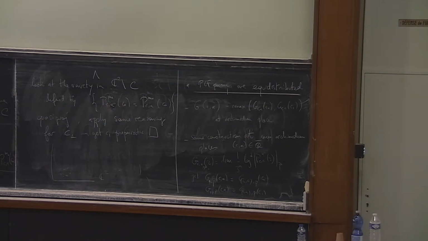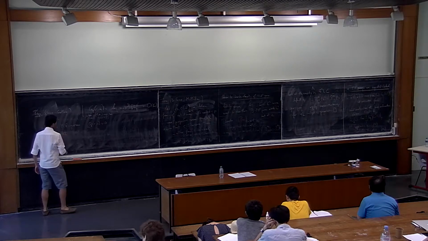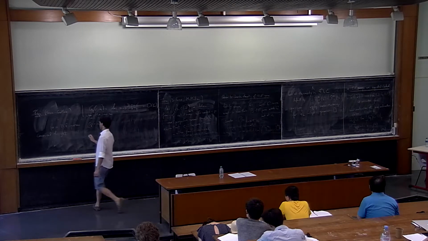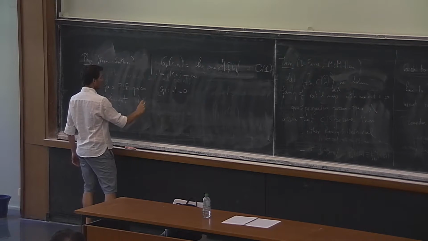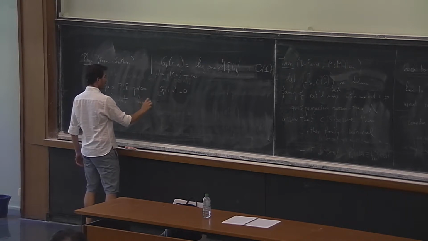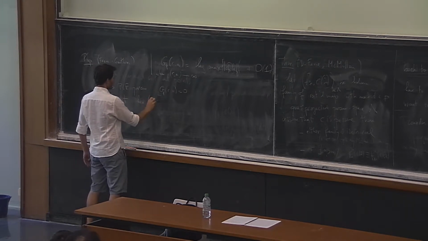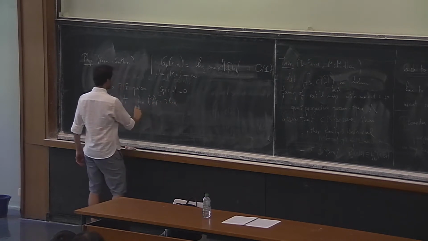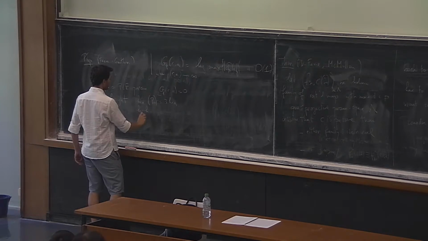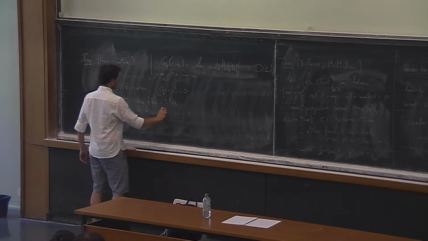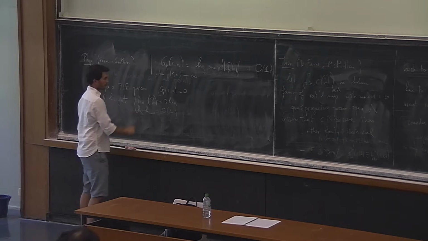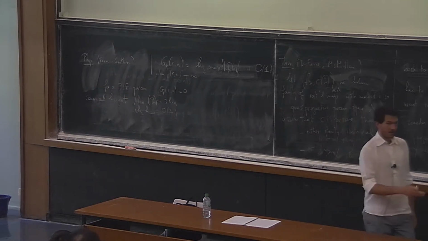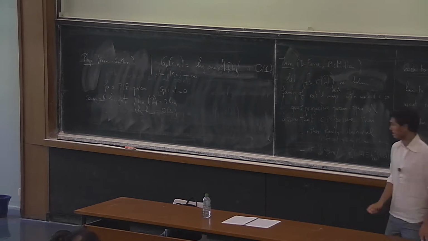So yesterday, I explained that you can always define a canonical height HCA, which satisfies HCA of PCA is 3 times HCA, and which is at bounded distance from the naive height. And using this green function, you can express the canonical height as a sum of local quantities.